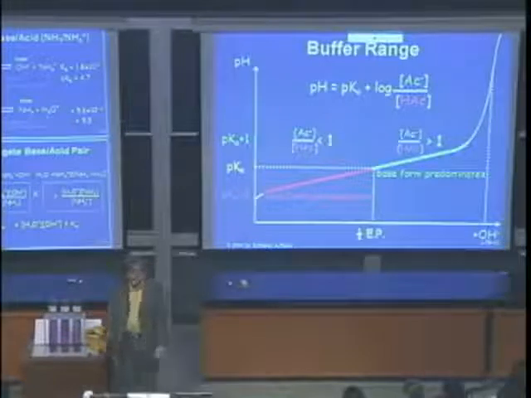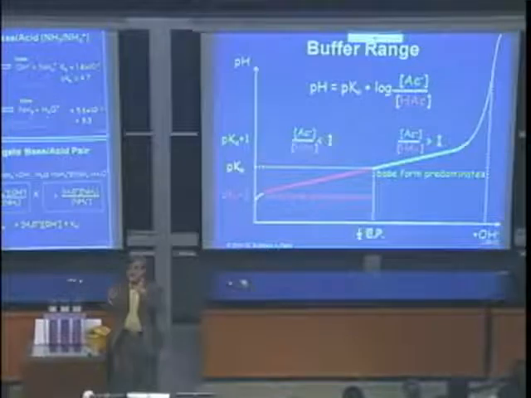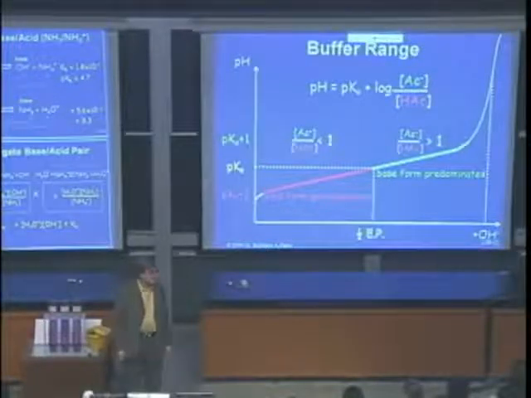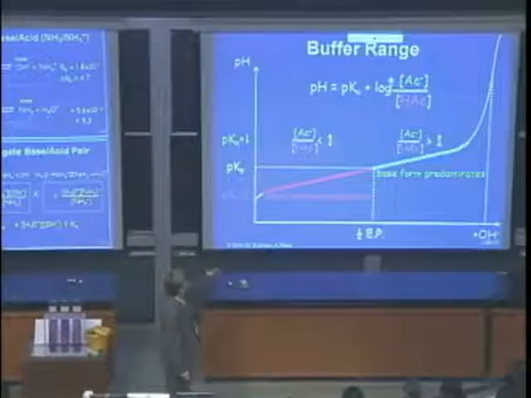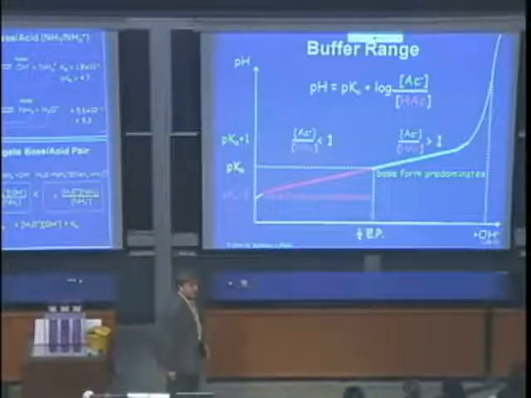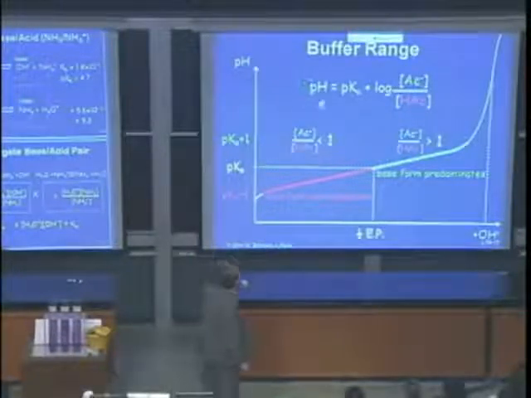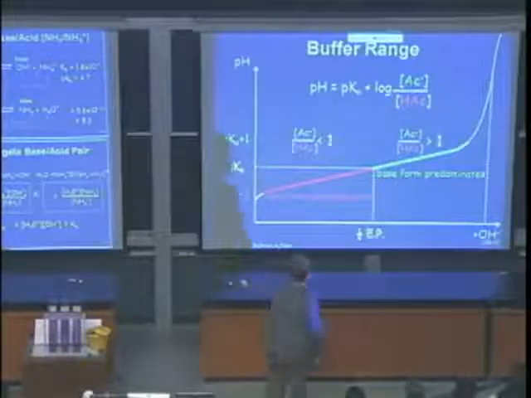A buffer is essentially a weak acid with an equal concentration of its conjugate base. So you take, for example, 0.1 molar acetate and 0.1 molar acetic acid and mix those together, then you have a buffer. And you can now calculate your pH as you keep adding acid or base, okay?